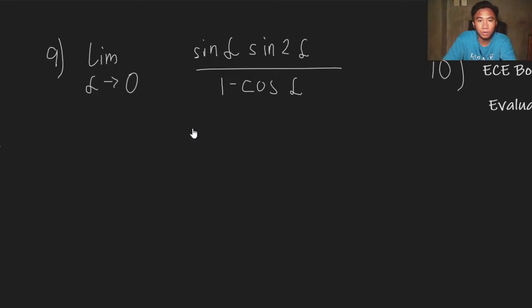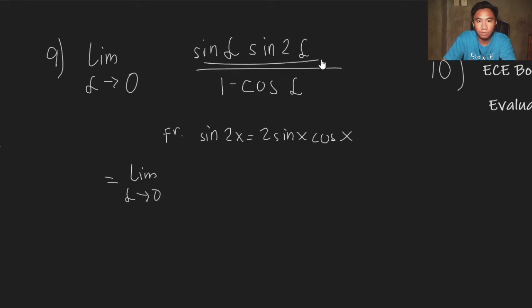So, para gawin to, alam natin na si sine 2x is equal to 2 sine x cosine x. Yan. So, substitute lang natin the limit as alpha approaches to 0. Ito, substitute lang natin si sine 2 alpha.